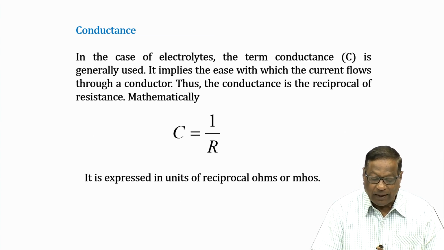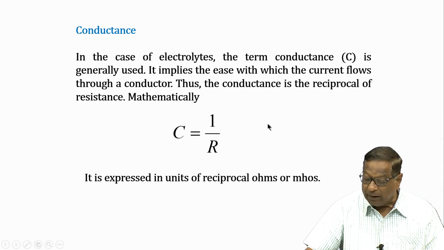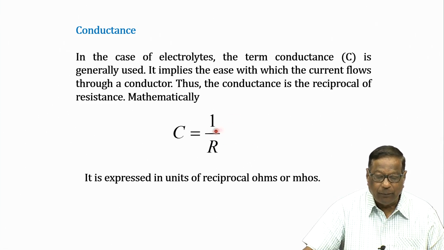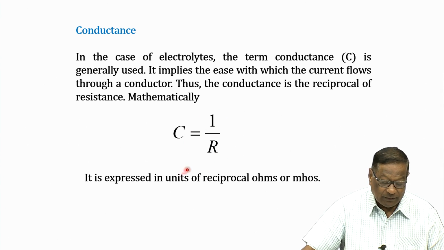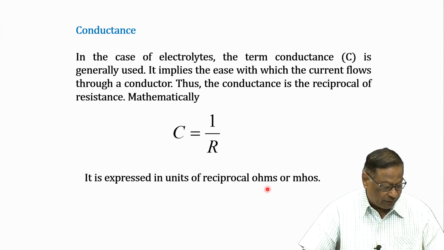So, obviously conductance is the reciprocal of resistance. Mathematically, C is equal to 1 over R, where C is the conductance and R is the resistance. It is expressed in units of reciprocal ohms or mhos.